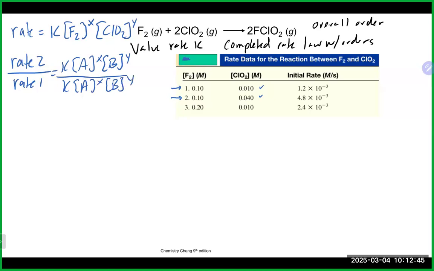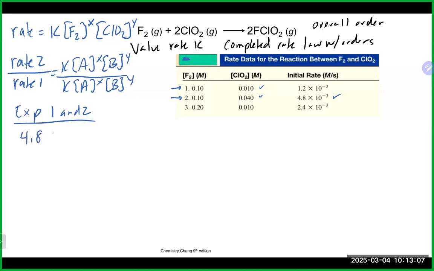And as I said earlier, if you happen to have 3 reactants, then you would want 2 to stay the same and 1 to vary. So looking at experiments 1 and 2, like I said before, I'm going to go with the larger rate up on top. So I'm going to put number 2 up on top because it does have the larger rate.